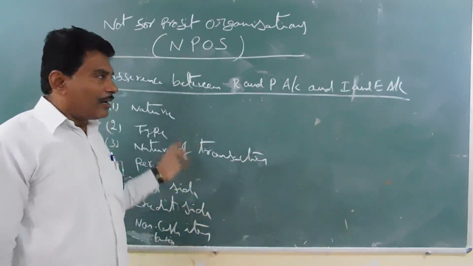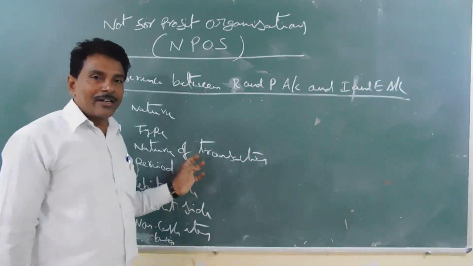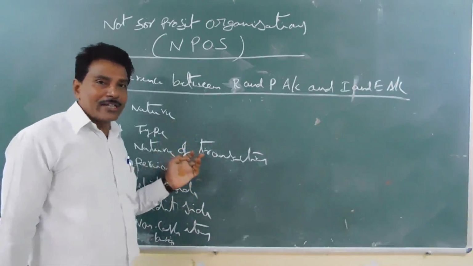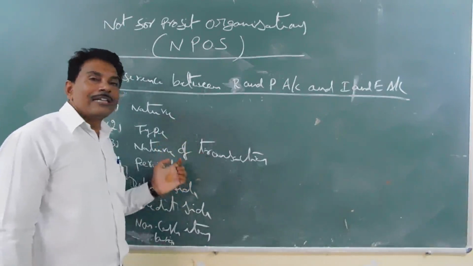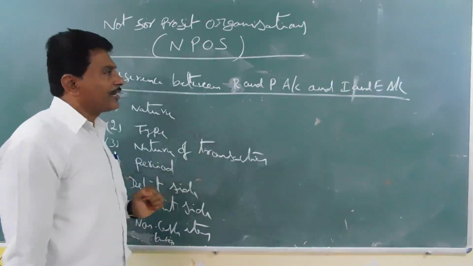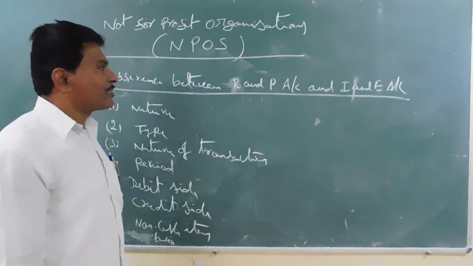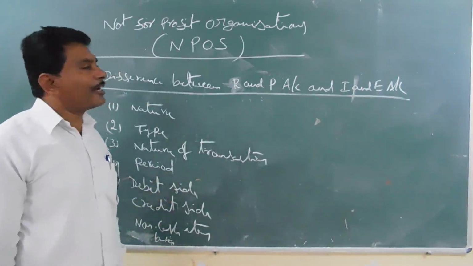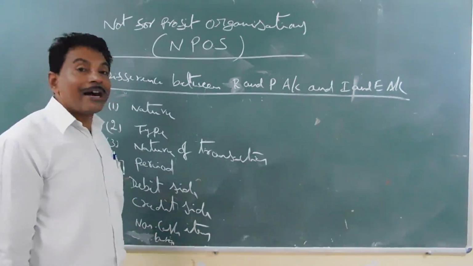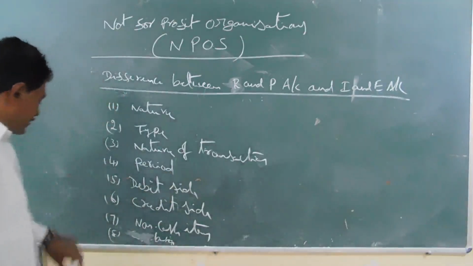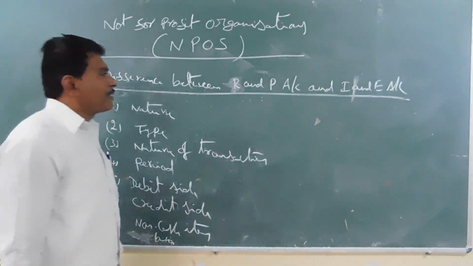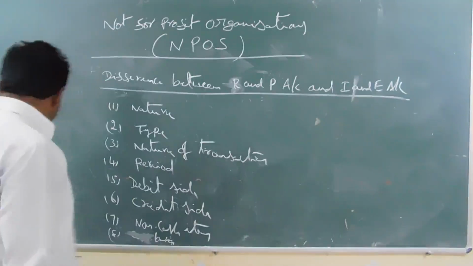It records unpaid transactions also. That means outstanding incomes and expenses are also taken into this account. So receipts and payments account is prepared on cash basis, whereas income and expenditure account is prepared on accrual basis. These are some of the differences between receipts and payments account and income and expenditure account.